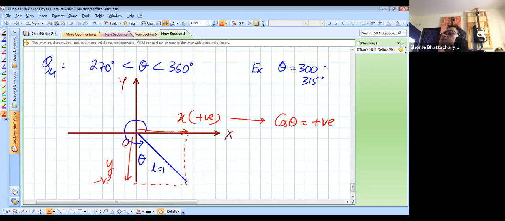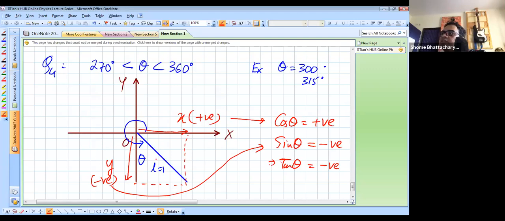And this is negative. So what that is telling us? That sin theta is negative. And therefore tan theta becomes automatically negative because it's the ratio of sin and cos, or it is the ratio of y by x. So x being positive and y being negative. So that's why we understand that on Q4, it is C. All sin, tan, cos.